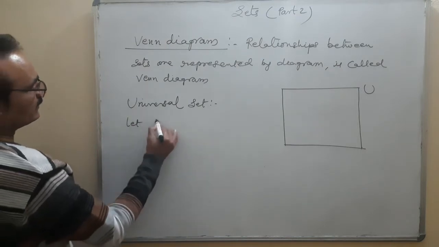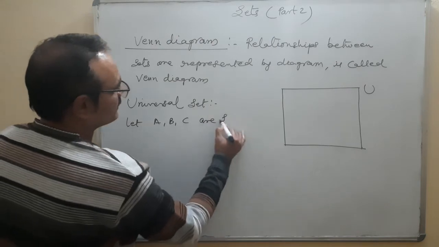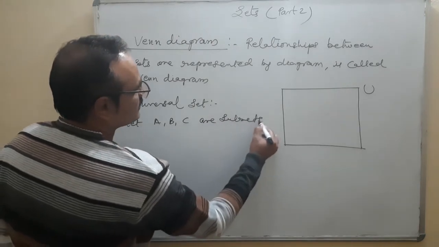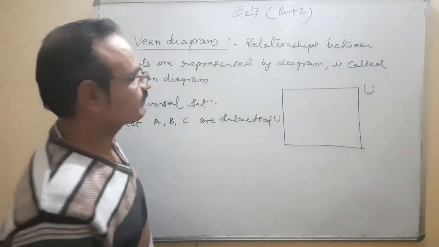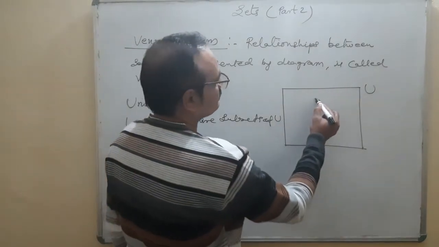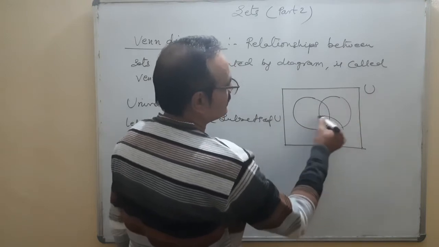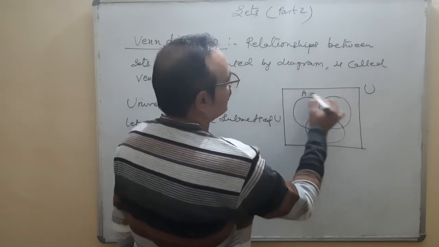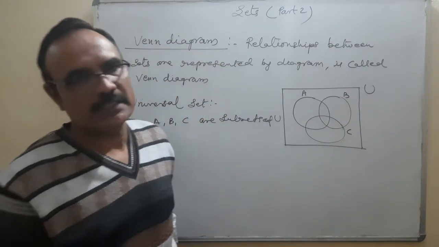Let A, B, C be subsets of U. So all are coming between them. A, B, C. These are the subsets of the universal set.